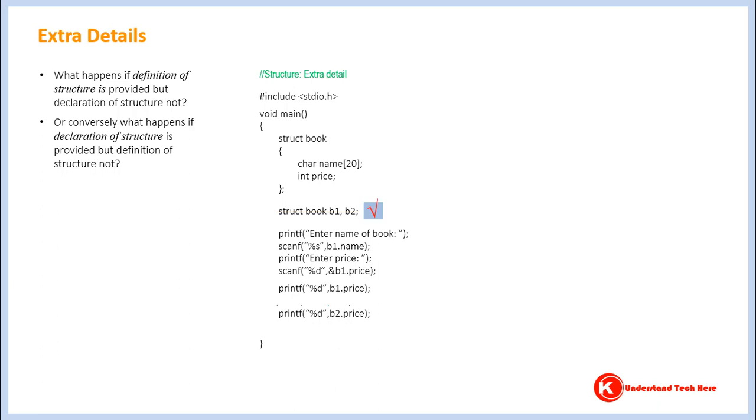What if we write this, but not this? This part is the definition of structure. If we don't provide the definition of structure, we would be providing incomplete information to the computer.